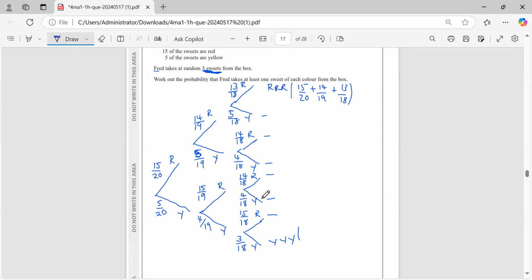And the probability of getting yellow, yellow, yellow is going to be 5 over 20 times 4 over 19 times 3 over 18, right? So you find the total of these two probabilities. Then you subtract from 1, right?